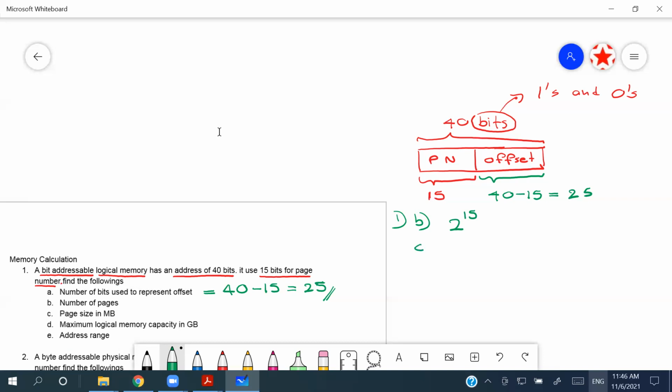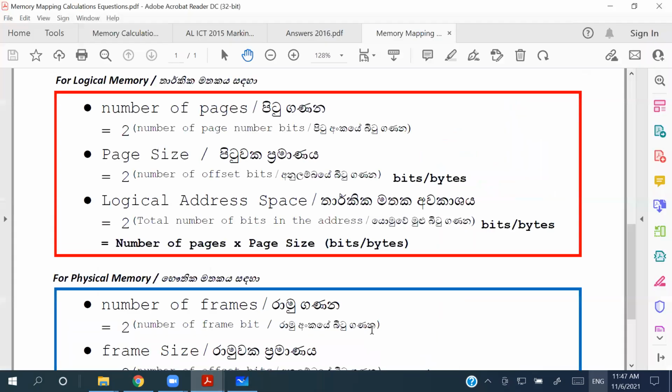So part C is asking for the page size in megabytes. That clearly says you give the answer in megabytes, so you have to work with bits and bytes, and you have to be very careful with your calculation. To find the page size, what is the equation you are going to use?